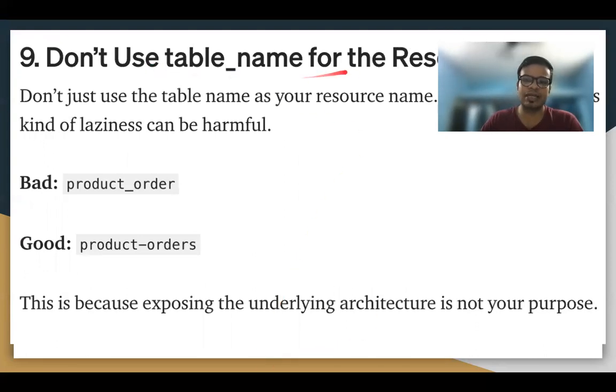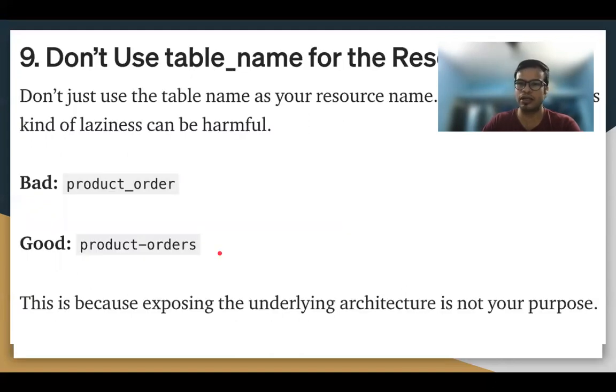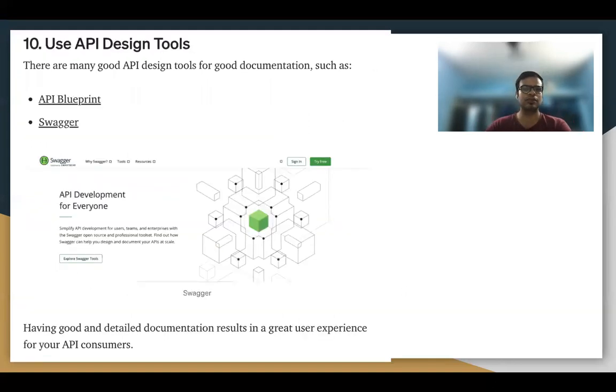Don't use a table name for the resource. Don't use it like this; use it like this, as we have already mentioned, so it will not expose the underlying architecture. Then use a better API designing tool called API Blueprint or Swagger, which gives you detailed documentation.